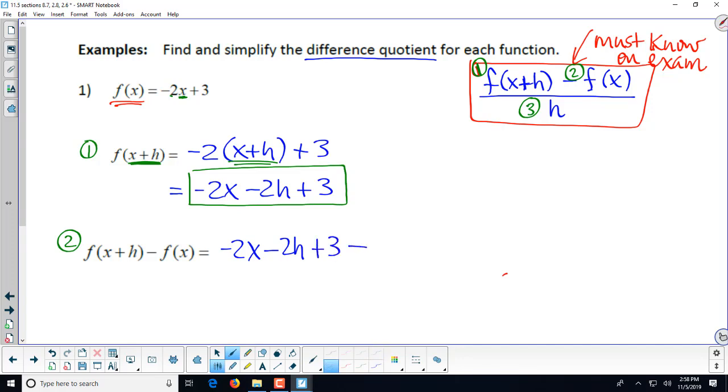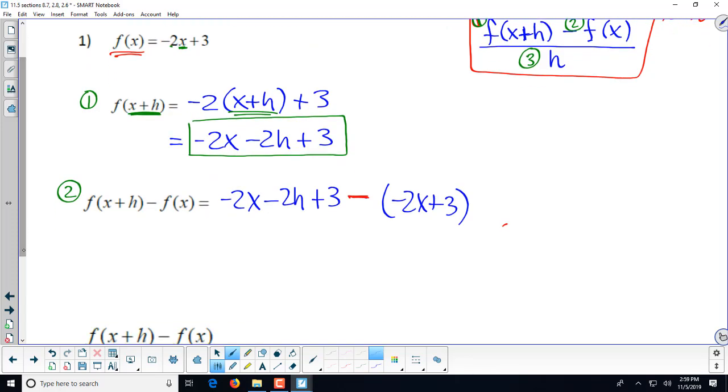So I'm going to subtract my original function, which is -2x plus 3. Notice how I put it in parentheses. If there's more than one term, you have to make sure you subtract every term. So you're going to have to distribute that negative sign through, which means that becomes plus 2x and minus 3. Whoops.